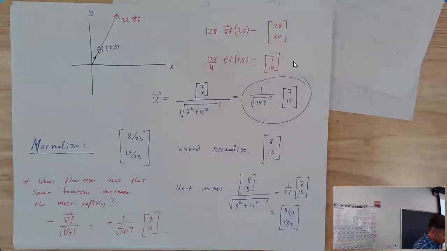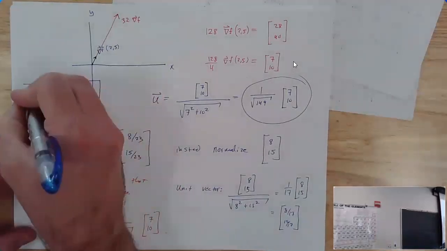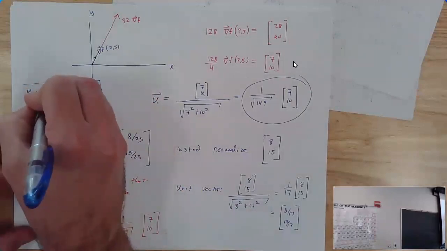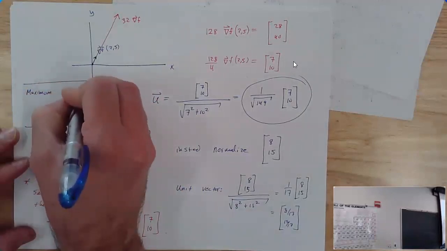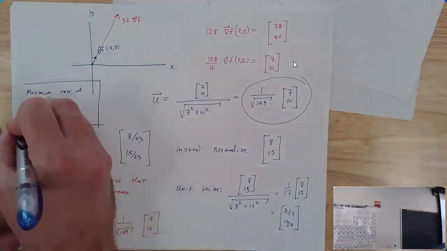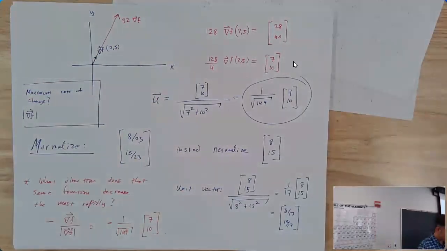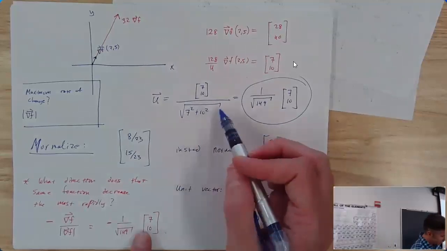So in this particular case, we asked right here, what is the maximum rate of change? The answer is just the magnitude of the gradient, which is kind of terrible to have to find in this particular example because my numbers are so gross. It's not this nice number here.